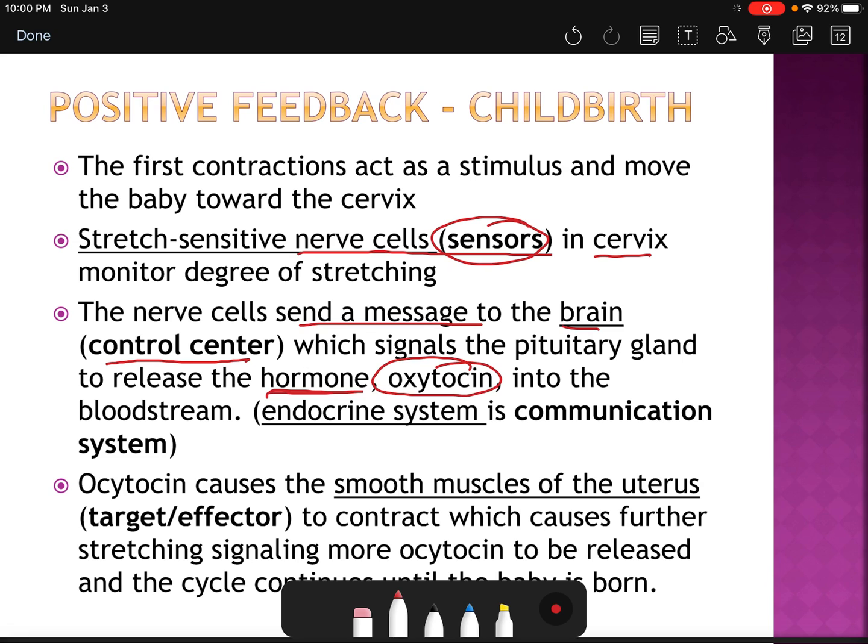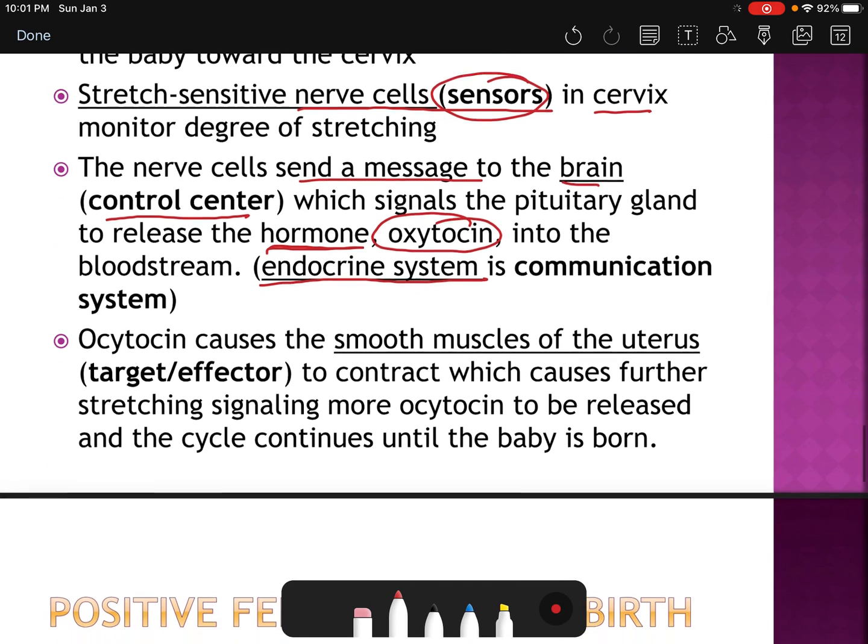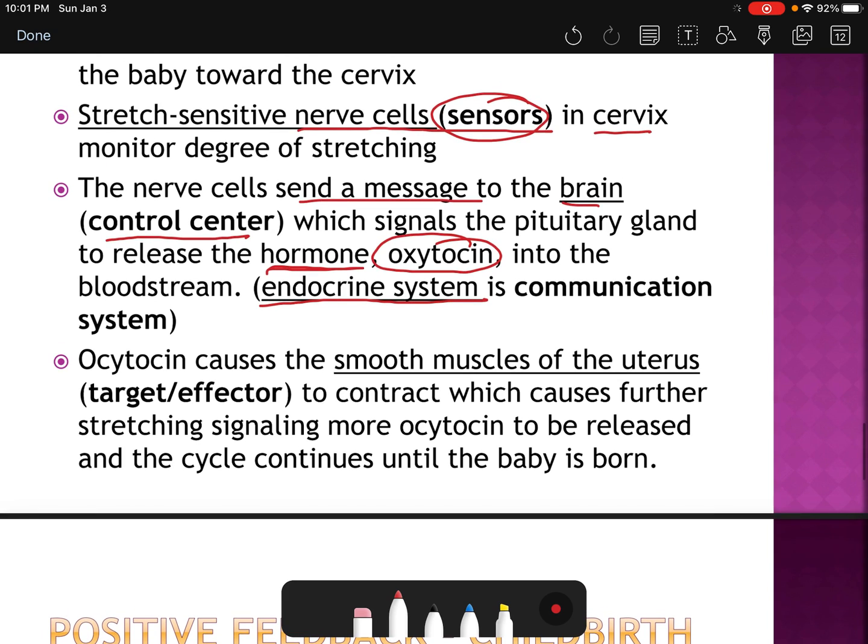Now, anytime we are talking about hormones, that means your communication system is the endocrine system, because it is sending out a hormone, and that hormone is going to go to a target area, a target that's going to respond in some way. So in this case, that hormone oxytocin is going to go to the target, which are the smooth muscles of the uterus, and it's going to cause them to contract.